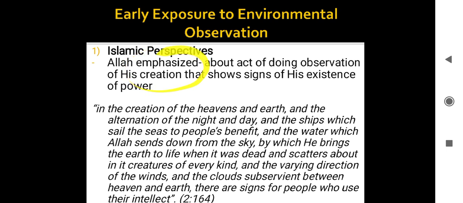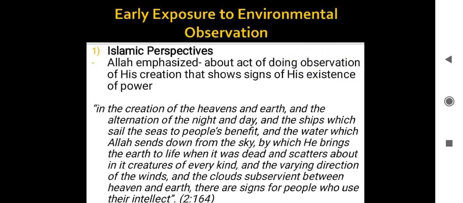Allah really encourages us to do observation. It means Allah, as our creator, the one who created all the environment in this world, on the earth, encourages us to make observations. Right?